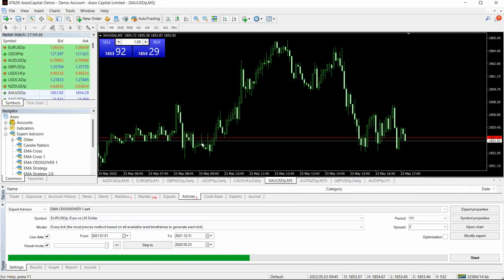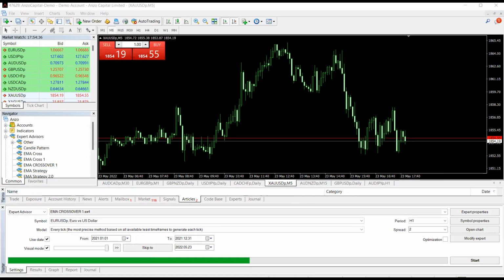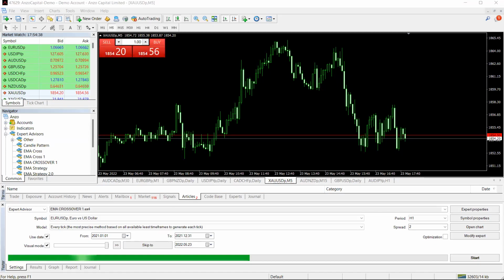It will show you where your indicators are found, your scripts, your expert advisors, and all of those. So where did we download our file? It was under download. You can just copy it. So I just copied. We can go back to our data folder under MQL4.